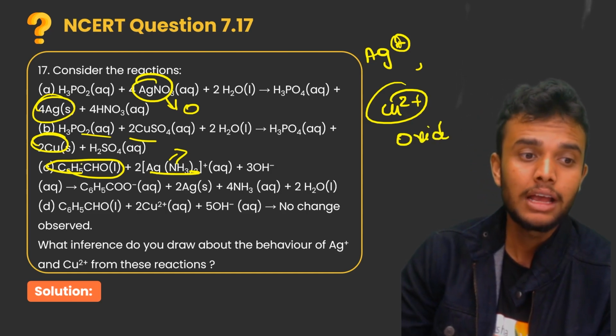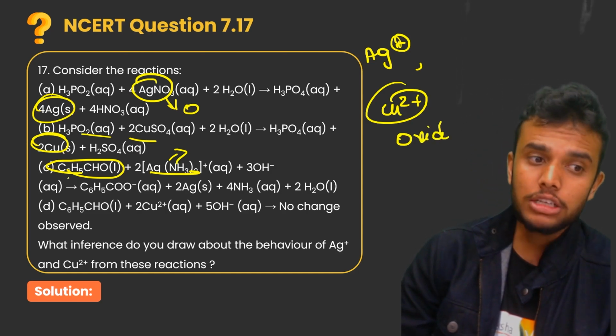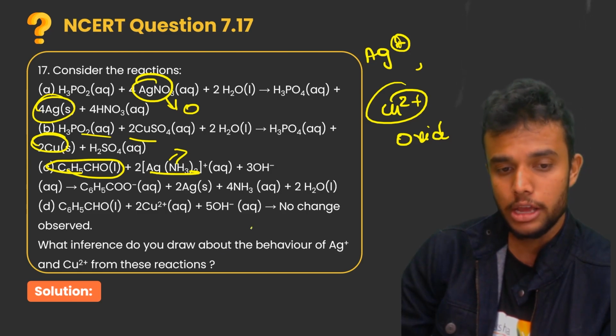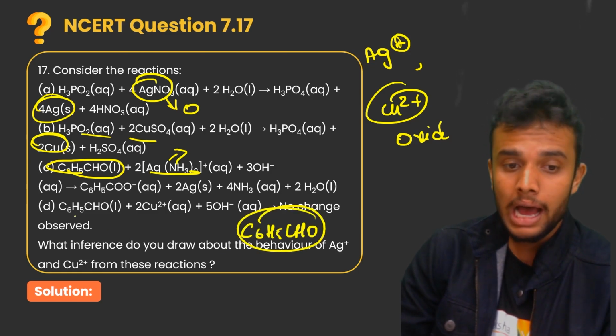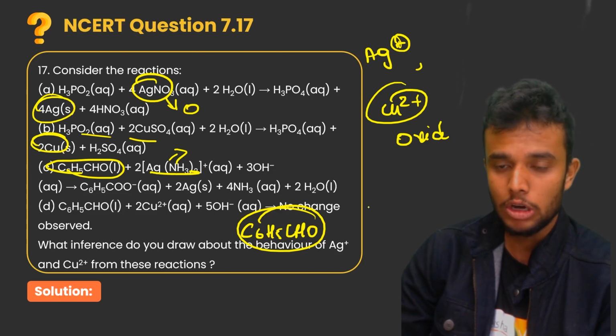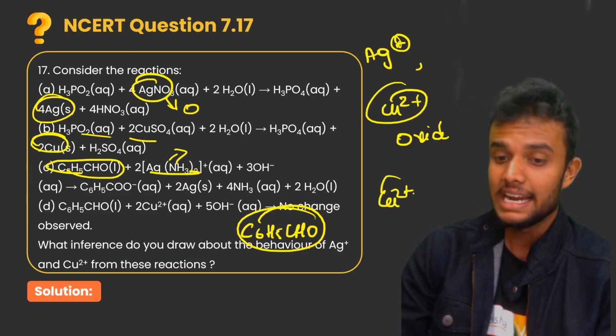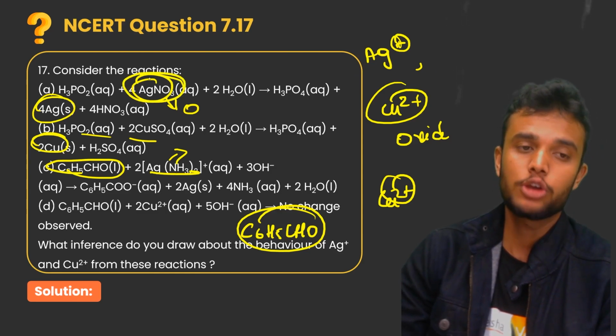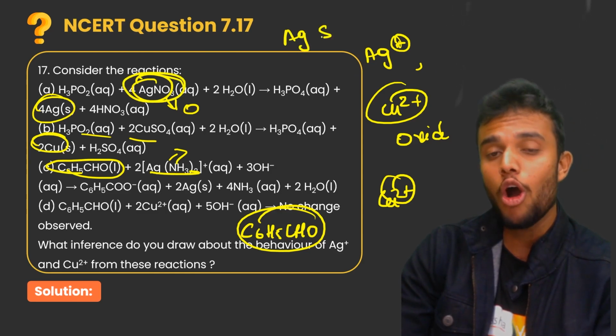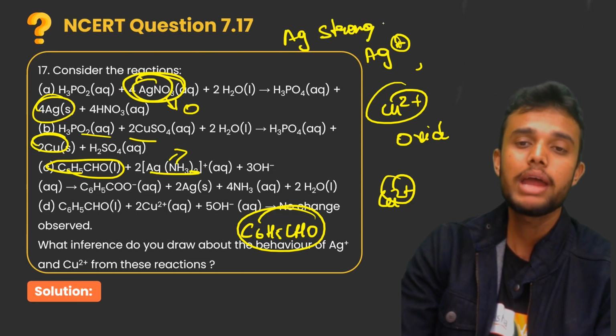But Ag plus oxidizes the C6H5CHO molecule easily, but not Cu2 plus. Compared to copper, Ag plus is a strong oxidizing agent. Very simple.